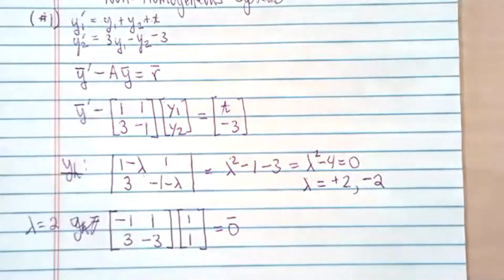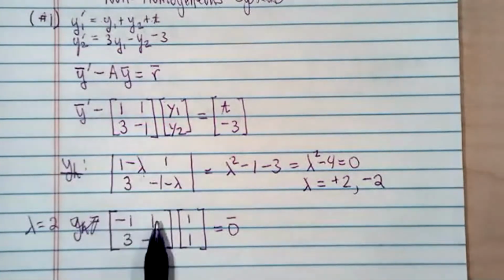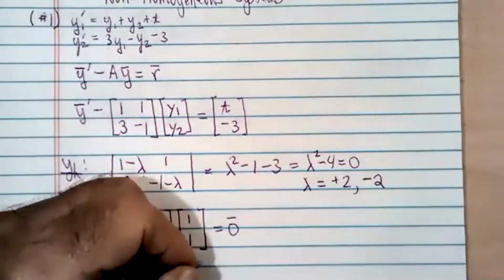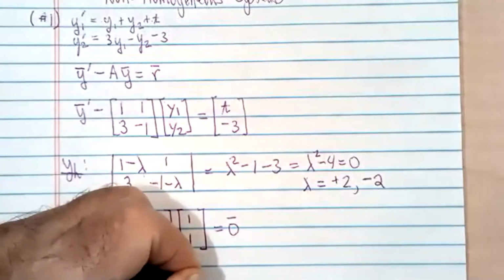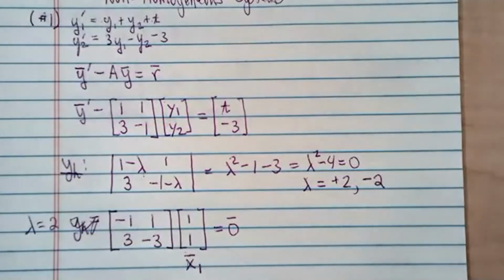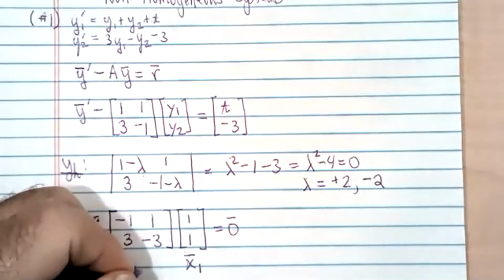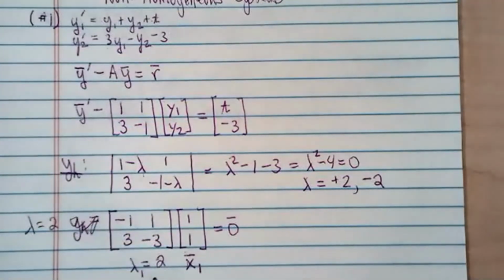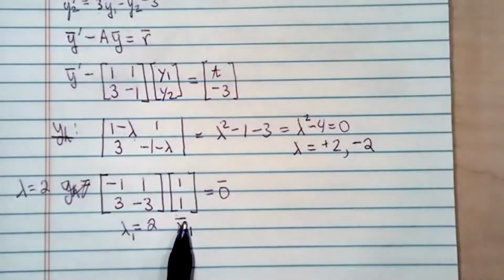Clearly 1, 1 here works. If I take 1 times this and 1 times this and add them up, I get 0, same on the bottom. So that is the eigenvector, I'll call it x bar 1, that goes with lambda 1, which is equal to 2. So that's a pair. Lambda equals 2 is paired with the vector 1, 1.